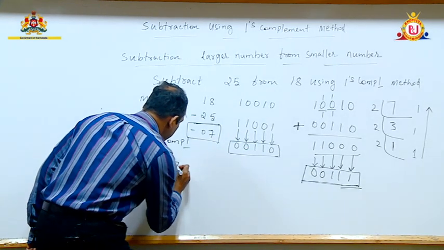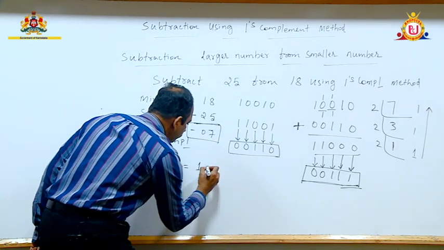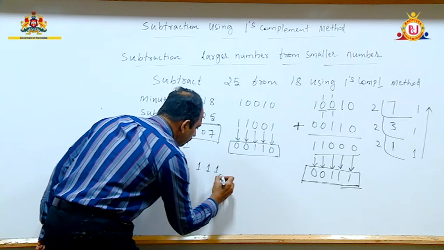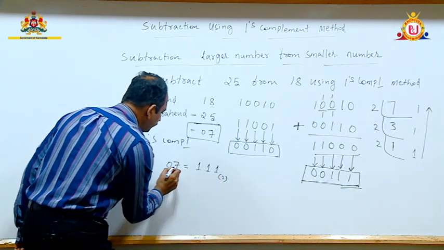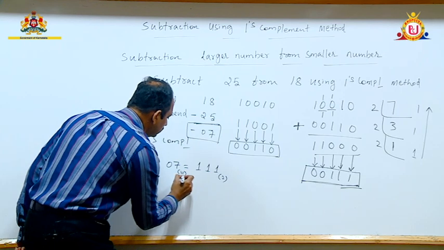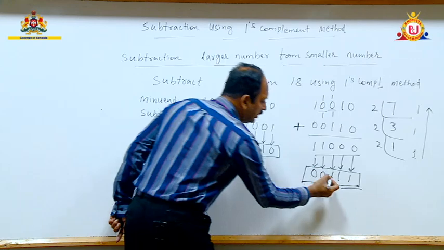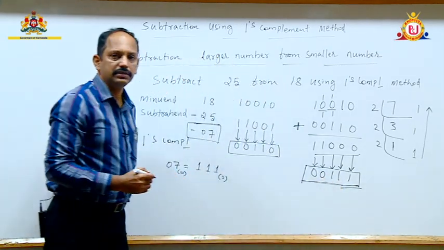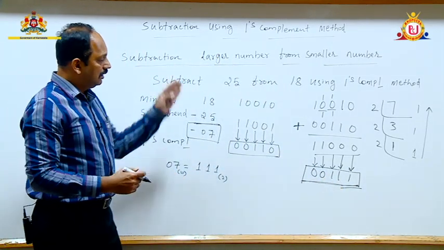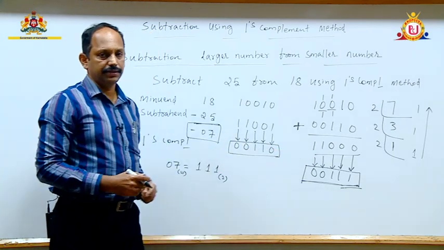So 111 is the binary equivalent of the decimal value 7. So this 111 and this 111 are one and the same. That means the calculation is correct.